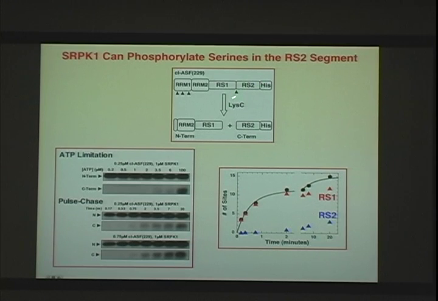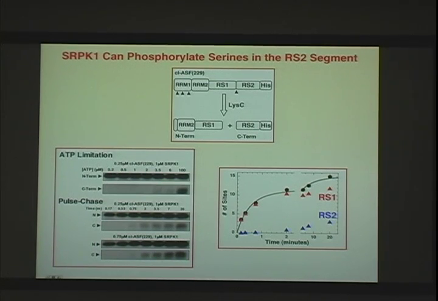So Chen put a cleavage site right in the middle of the RS domain in these two fragments, and he did pulse chase and ATP mutation studies. And what he found was that the kinase preferentially wants to go into the N-terminus, or the RS1 fragment, but eventually will go into the RS2 fragment.